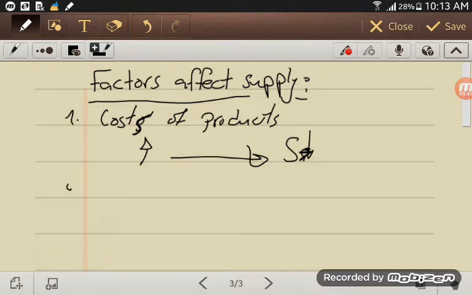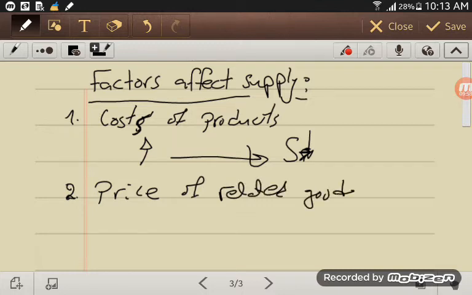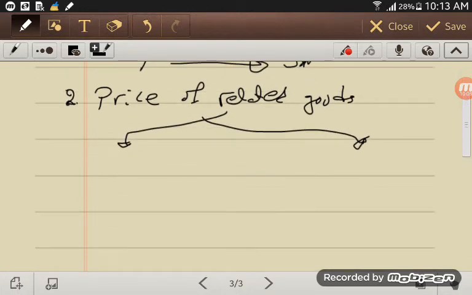Factor number 2, price of related goods. Related goods are substitutes or complements, but here from the point of view of the producer.